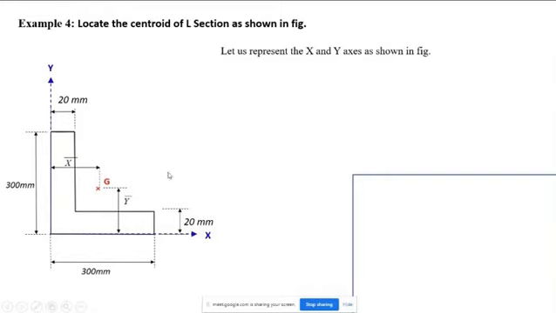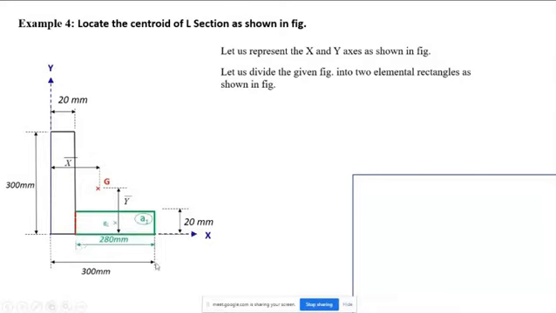Now, because it's made up of two areas, we'll divide this into two areas like this. Let this be A1 and let this be A2, and G1 and G2 be the corresponding centroids of the figures.